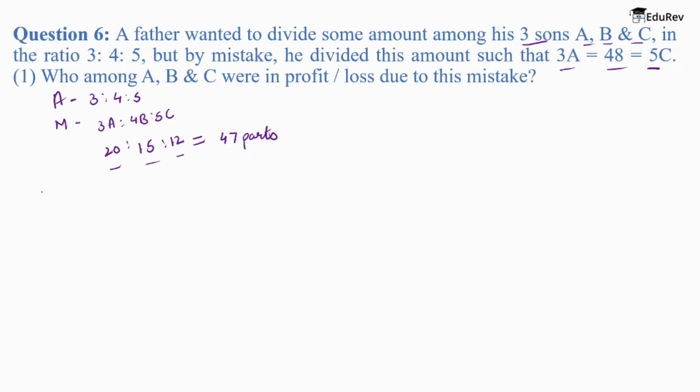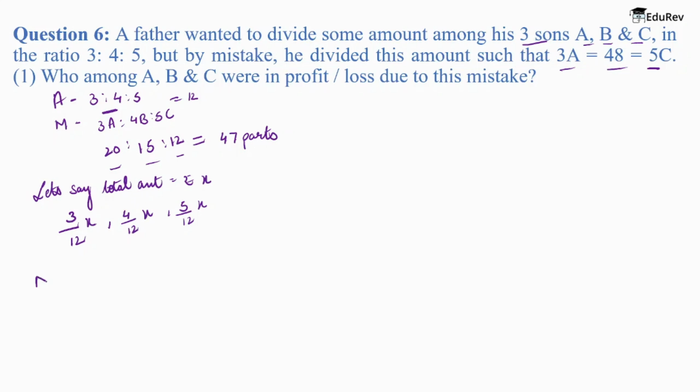So now let's say the total amount is rupees X, right? So A's share would be 3. We are talking about this ratio. Its total is 12. So 3 upon 12 of X. B's share would be 4 upon 12 of X and 5 by 12 of X.